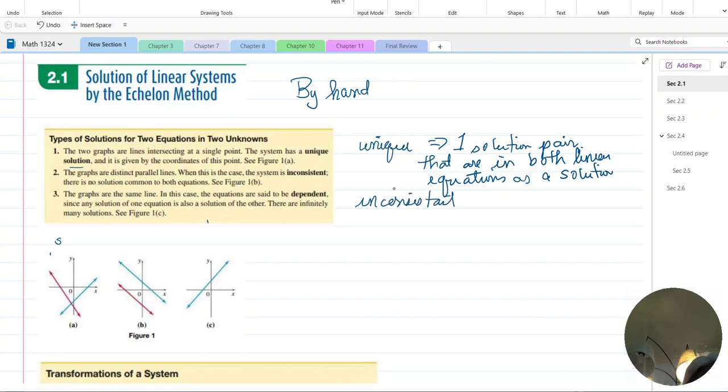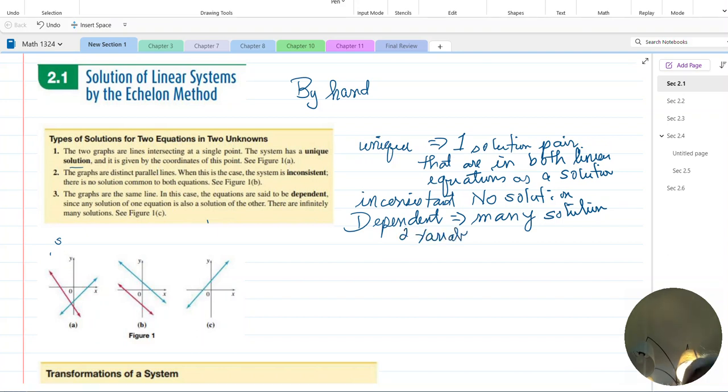This usually means that we have no solution for the system of equations. And then we have, of course, dependent. And that means many solutions are possible. And usually in a two-variable system, all solutions.